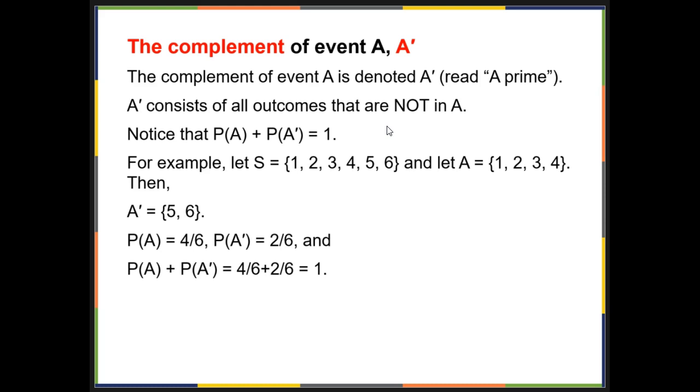So if the sample space is 1, 2, 3, 4, 5, 6, and A equals 1, 2, 3, 4, then A prime, what's not part of A, is 5 and 6. And that's 2 out of 6. And the probability of A is 4 out of 6. So when you add those together, you do get 1.